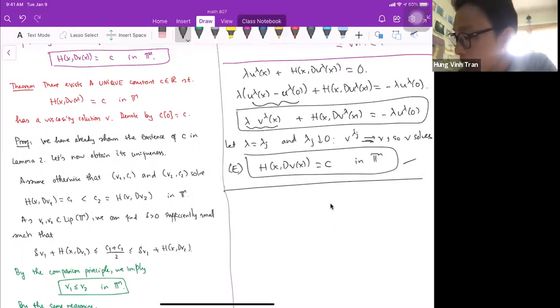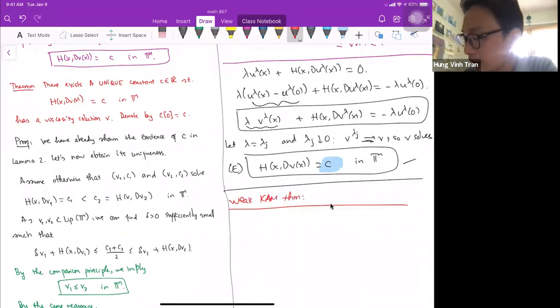Okay, so in fact, let's get back. In the Wickham theorem, and earlier, we have shown that c was already proved to be unique.